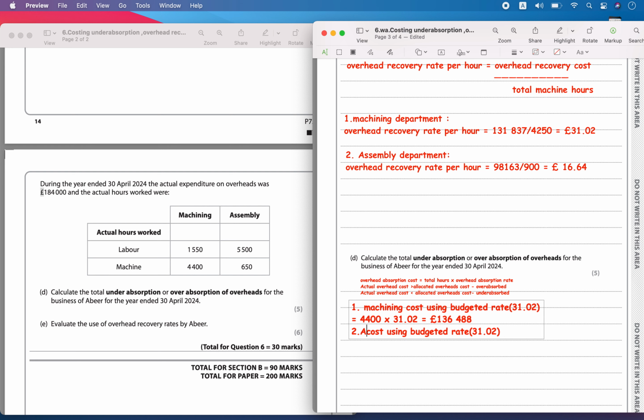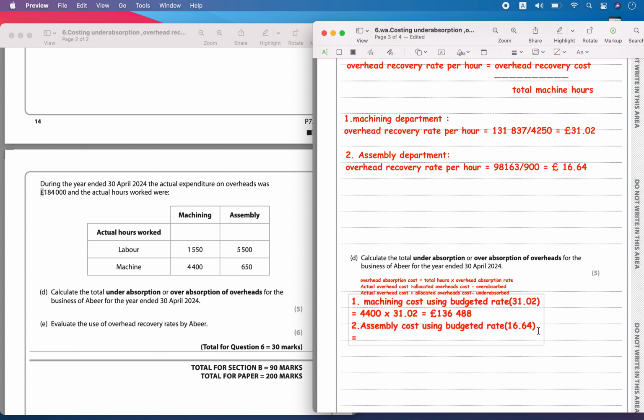For the assembly cost using the budgeted rate of 16.64, 650 times 16.64 is going to be equal to 91,520. For assembling, we have to use labor hours.